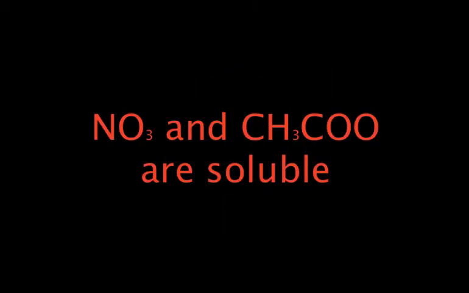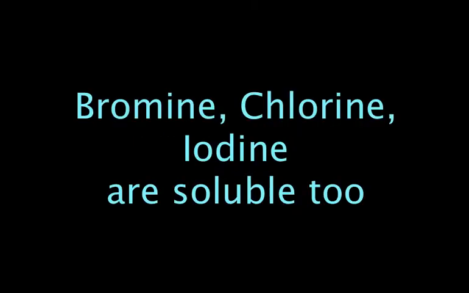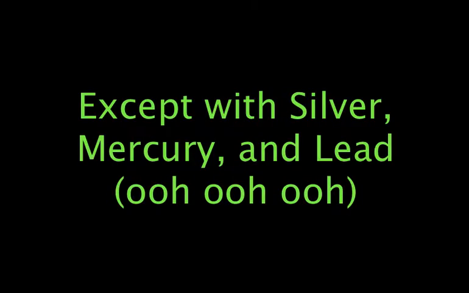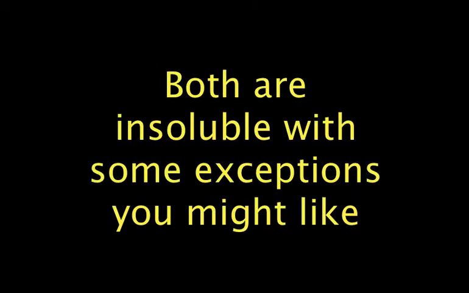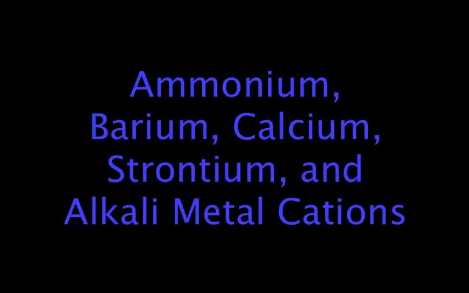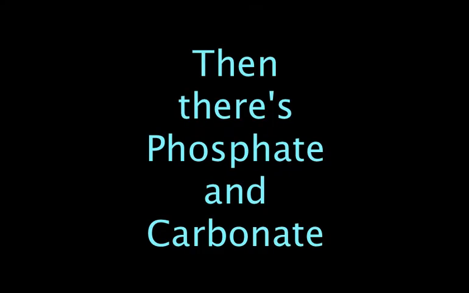NO3 and CH3COO are soluble. Bromine, chlorine, iodine are soluble too, except with silver, mercury, and lead. Next comes sulfur and hydroxide. Both are insoluble, with some exceptions you might like: ammonium, barium, calcium, strontium, and alkali metal cations. Then there's phosphate and carbonate.